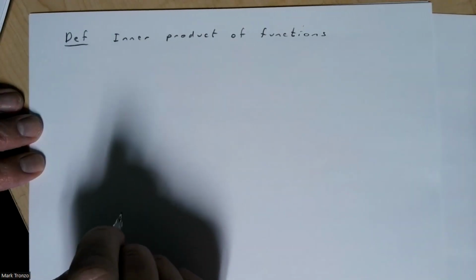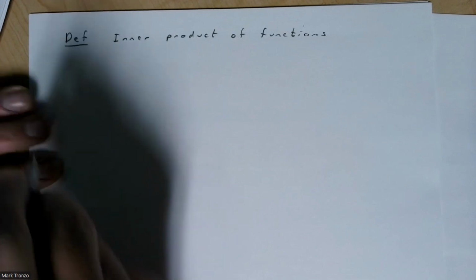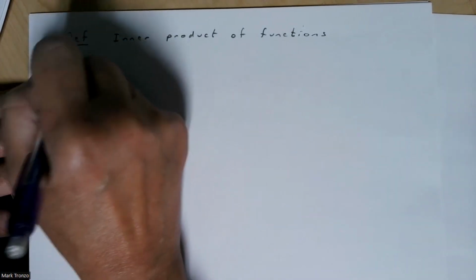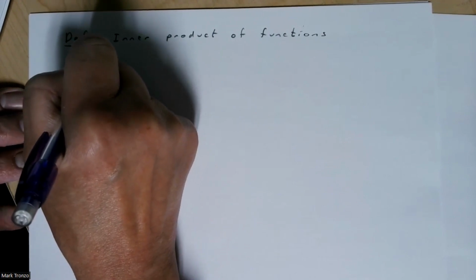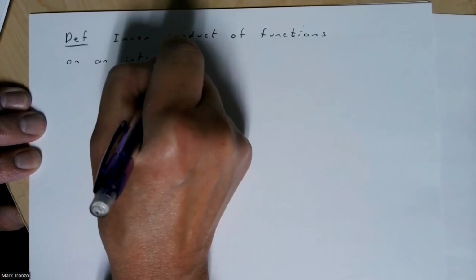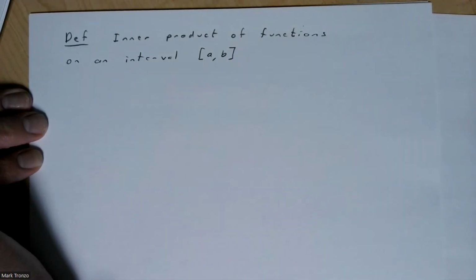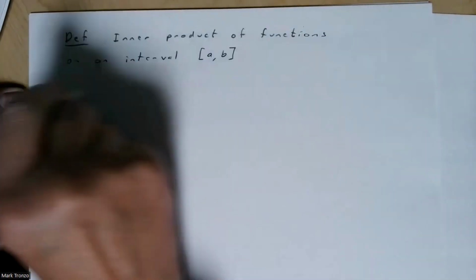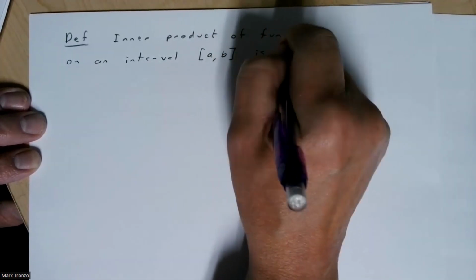The inner product of functions is defined this way, let's say on an interval A to B. So the inner product of functions on the interval [A, B] is the number.